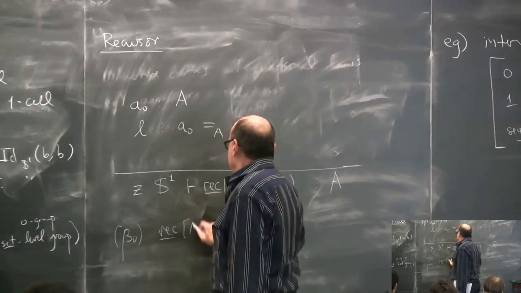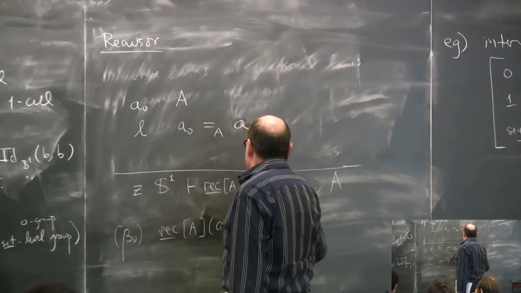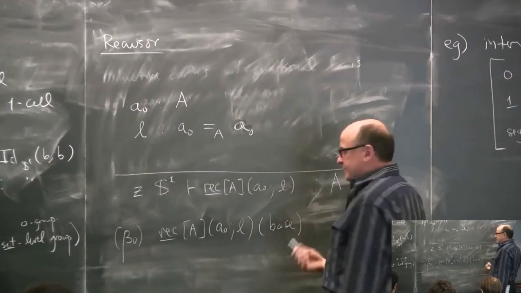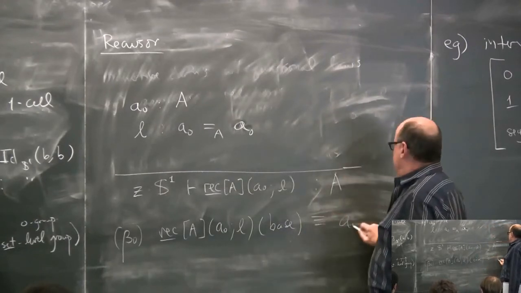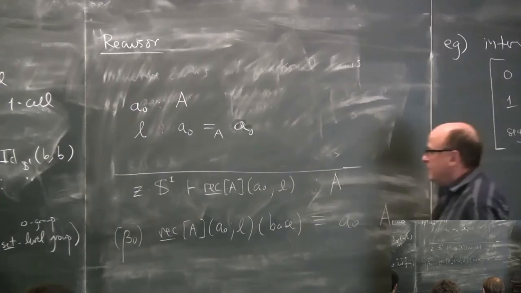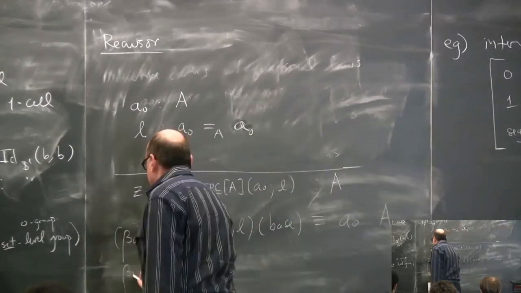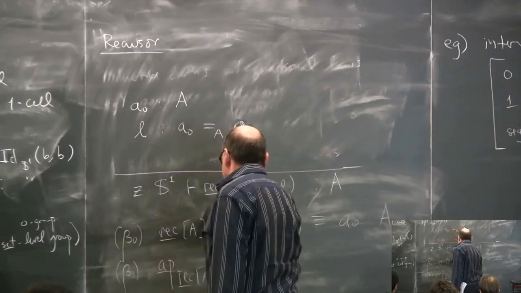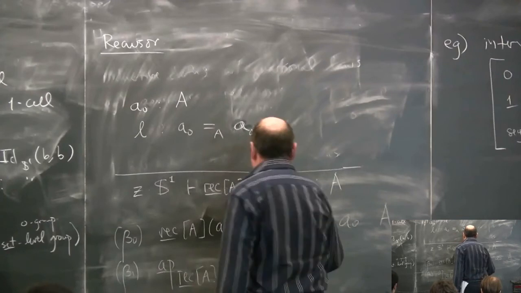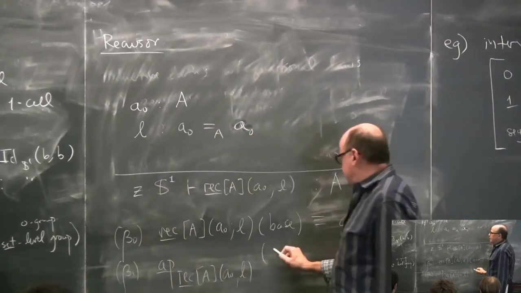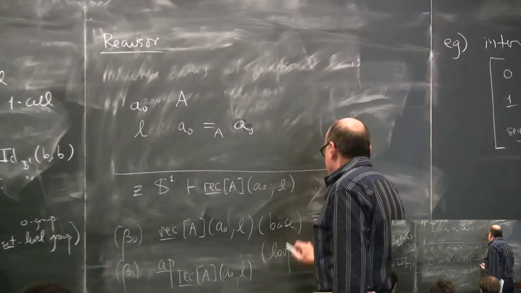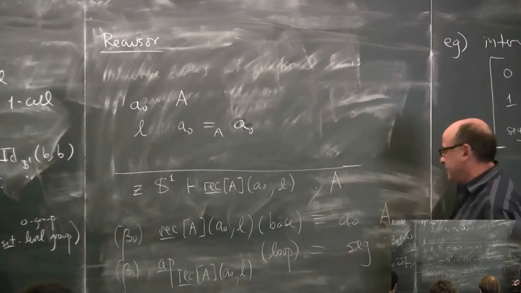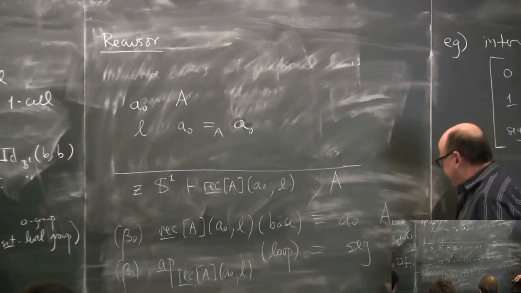You're going to say if you take this and L and you run that on the base point of the initial one, then that should be A0, and that of course is in A. So that's in app 0, right? And then app 1 says if I apply to the path this recursor and I run that on, what did I call it, loop, then that should be... you would expect, no, that's insane.